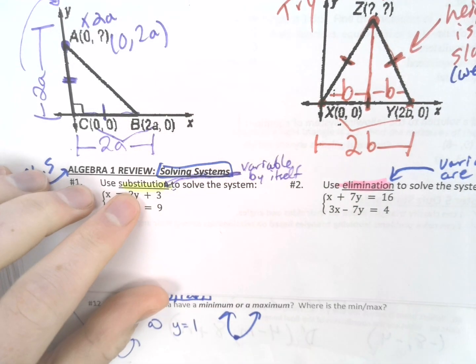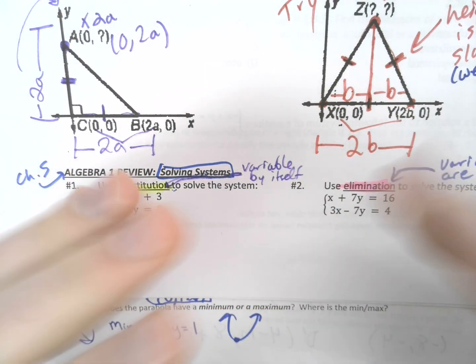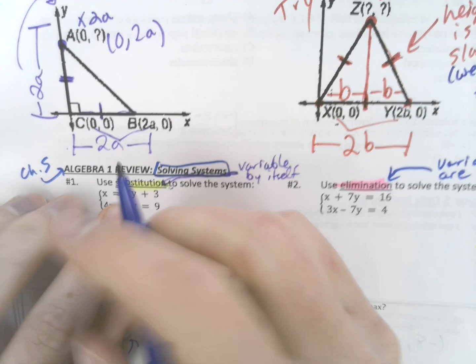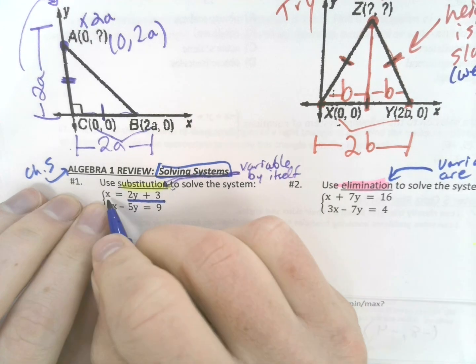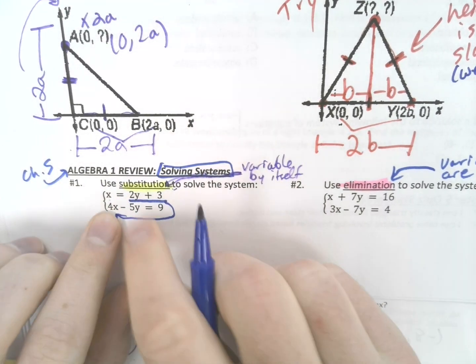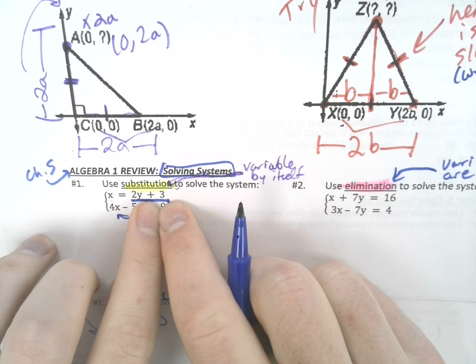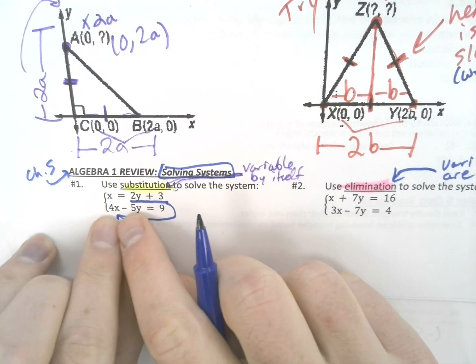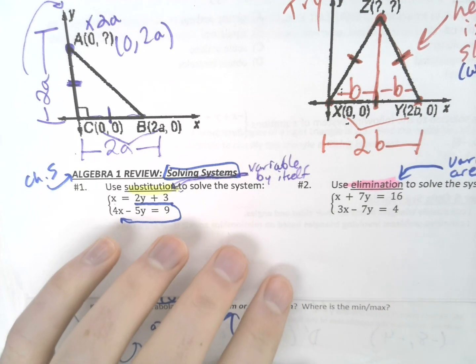With substitution, and guys, if you already know, you can pause and try it yourself. But we know x is going to equal 2y plus 3. Well then, if this x equals 2y plus 3, we can substitute that in for that x.